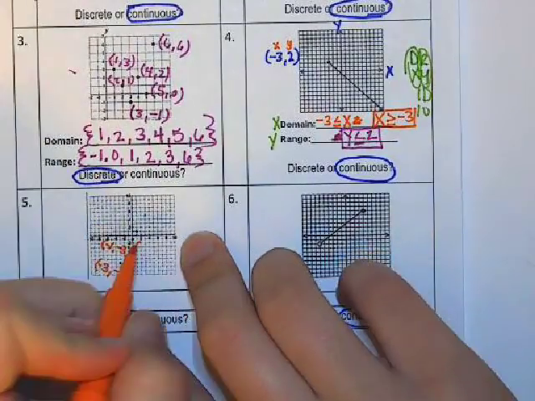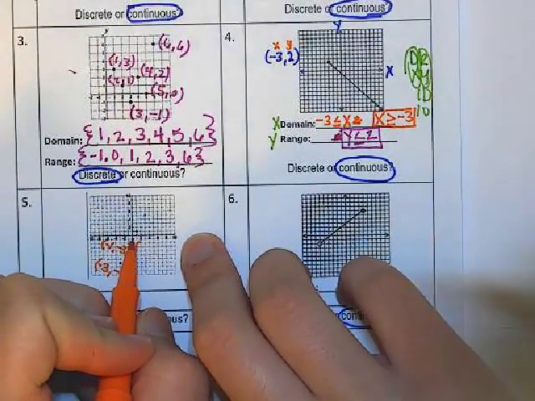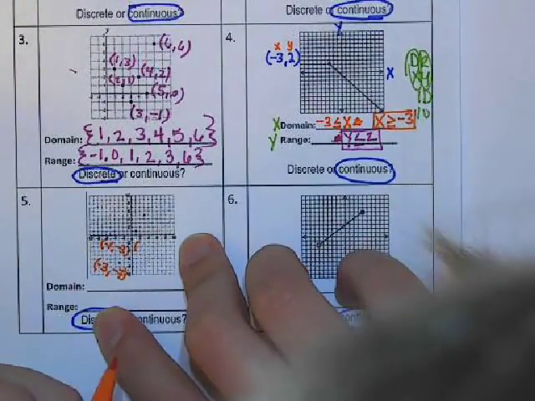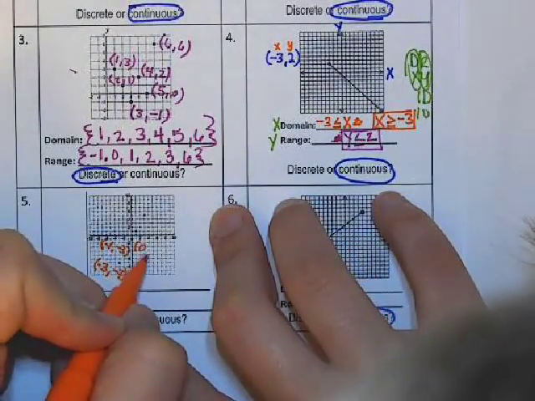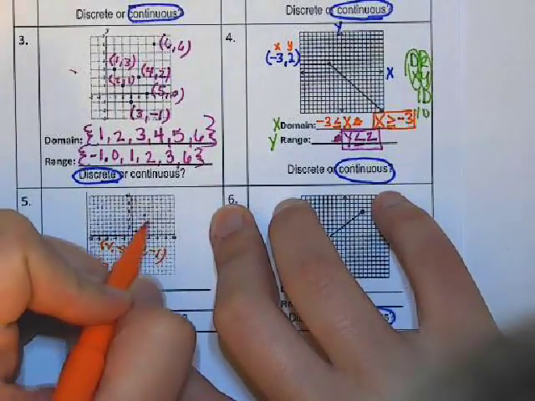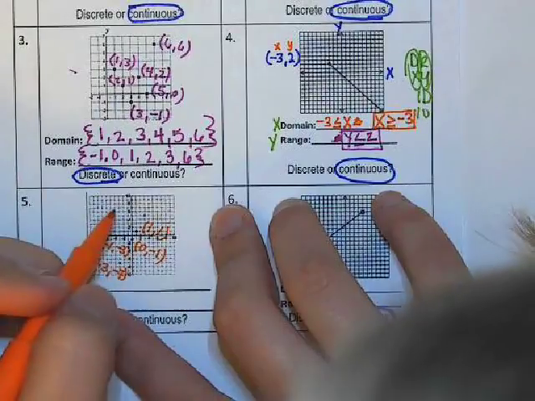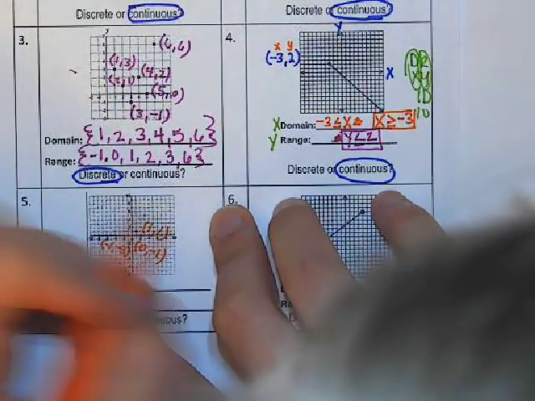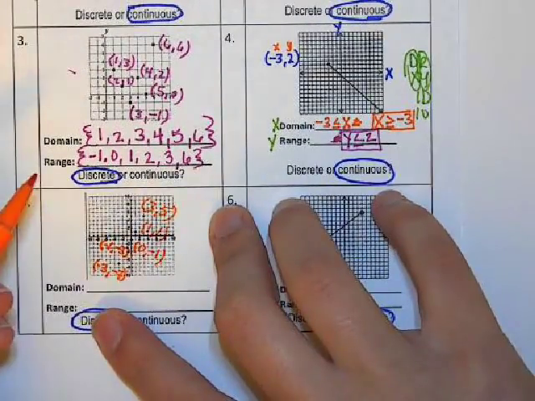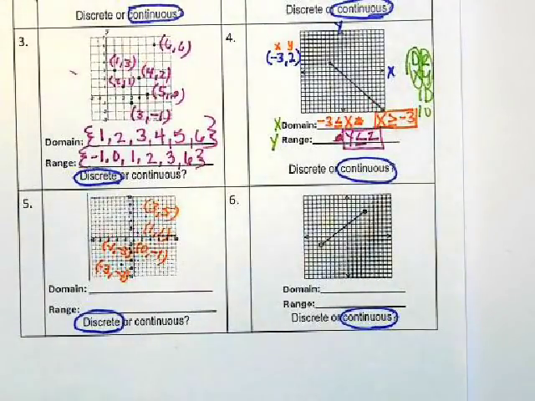Is that a dot right there? Yeah. So 0, -1. Then I've got 1, 1, then 3, and another 2. Did I get them? I think so.